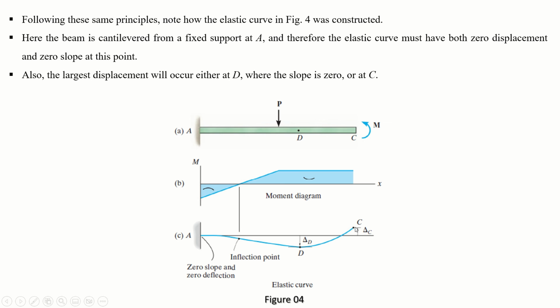Now what will be the position of C? Either it will be below the initial line, or above it. Of course it depends upon the magnitude of M, the relative magnitude of P, the position of P, and many other aspects. So I have modeled this as well. You can see this is your fixed support, this is the applied moment at the free end, and this is the applied vertical load.